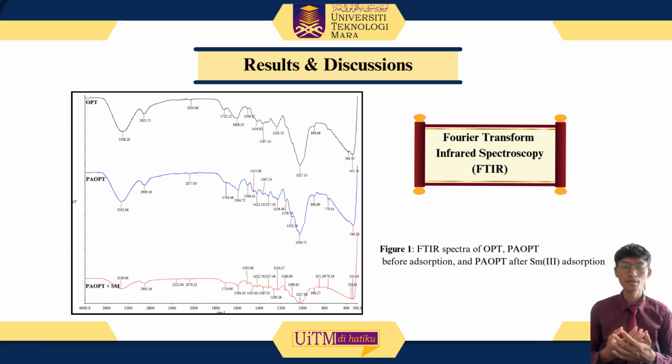Next is results and discussions. The OPT spectrum exhibits distinct peaks at 3308.28, typically ascribed to the stretching vibration of OH groups, particularly from the hydroxyl and carboxyl groups, as well as intermolecular bonded aliphatic hydroxyl groups from the cellulose. The extensive peak between 2500 and 3400 indicates the existence of the carboxylic acid group, specifically derived from the phosphoric acid.